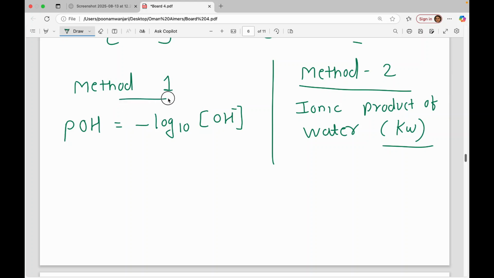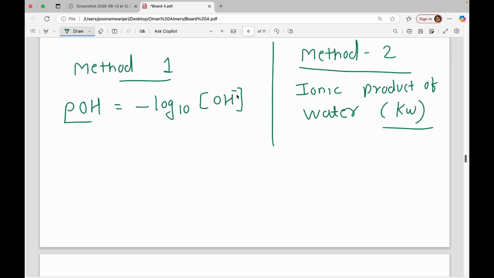First we will discuss method 1, by using the formula pOH is equal to negative logarithm 10 of the concentration of hydroxyl ion. Here we use this formula as well as a second formula, that is, as we know, pH plus pOH, with the concentration of OH minus ion, at 25 degrees Celsius is equal to 14.